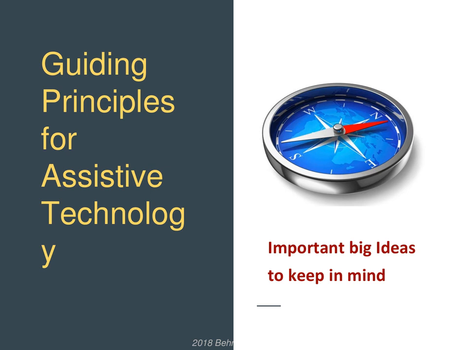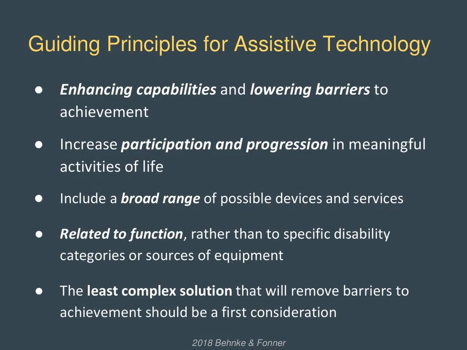As we look, we have some guiding principles for assistive technology that we thought would be good for you to keep in mind. I'm going to read a couple of these bullets, not all of them, but you will have the handout and the PowerPoint as a resource and a reference after today's webinar is done.